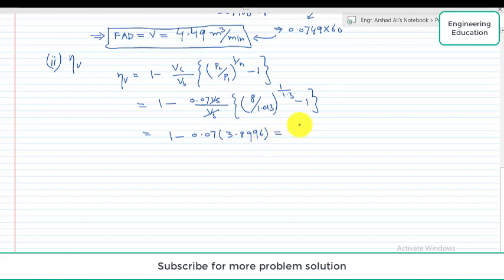So we get 1 minus 0.273, which is further equal to 0.727. So the value of volumetric efficiency is 72.7%.